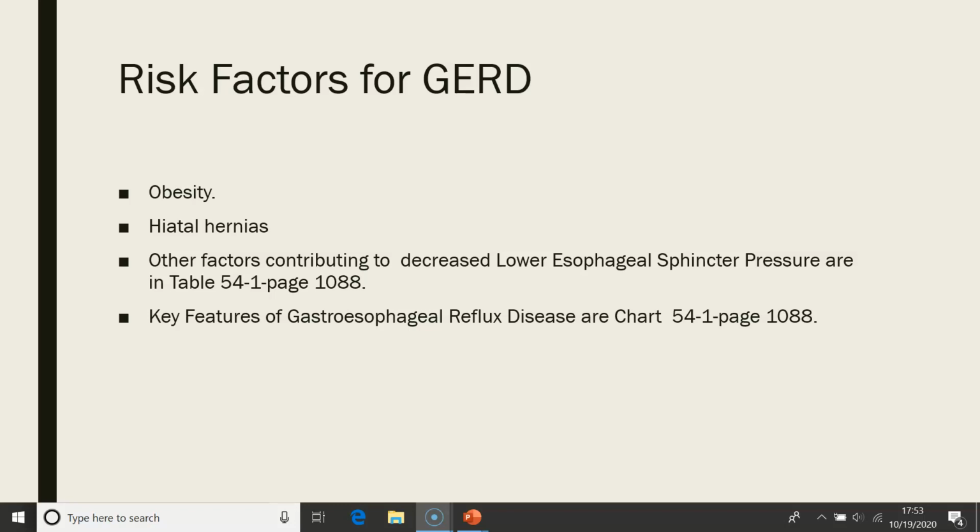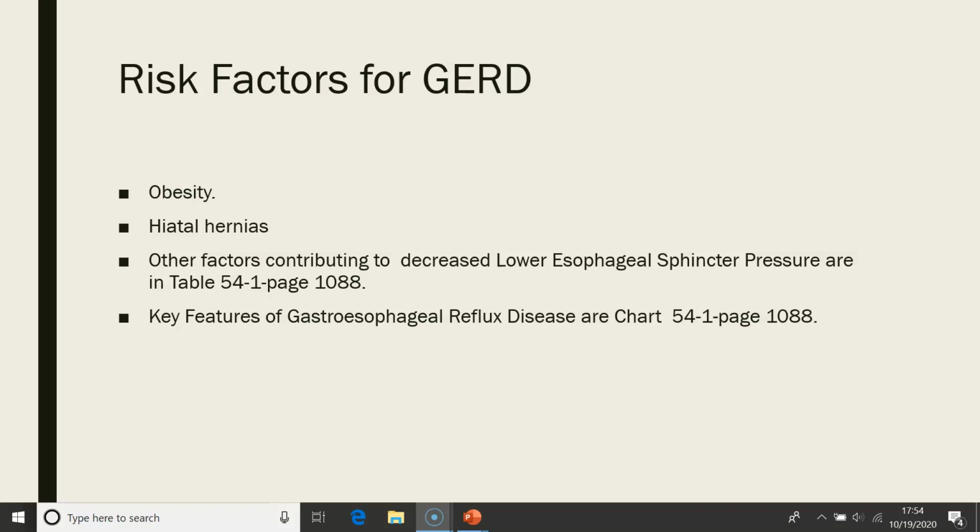Okay. If you look at other factors contributing to the decreased lower esophageal sphincter pressure, we're going to look at table 54-1 on page 1088. When you take a look at that, it talks about other things that can cause a decrease in that lower esophageal sphincter pressure. A lot of times people with GERD will be told not to drink caffeinated beverages, to stay away from things that are acidy like citrus fruits, tomatoes. They're going to tell them to quit smoking.